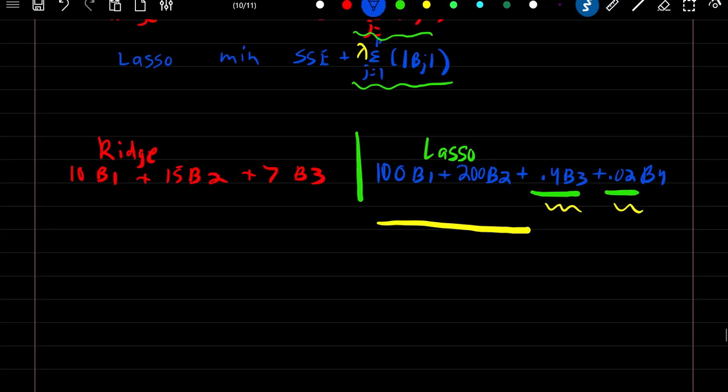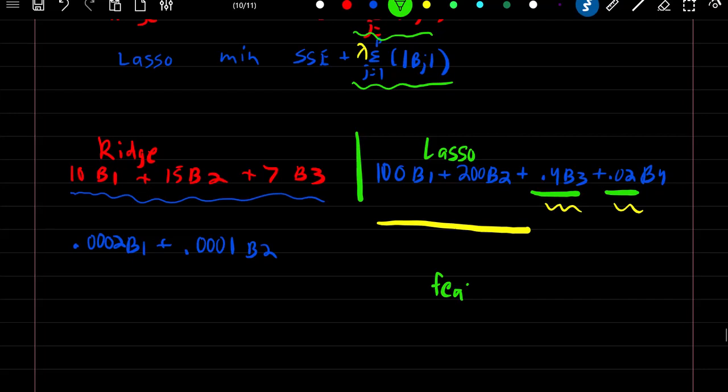Meanwhile, with ridge, your coefficient estimates will approach 0, but they'll never actually equal 0. So if we just kept upping our lambda parameter, these values will just get smaller and smaller, but they'll never actually hit 0. So lasso has the advantage of also performing feature selection.